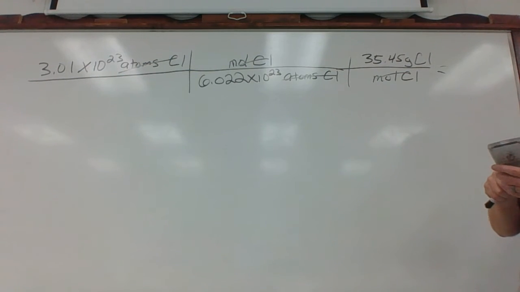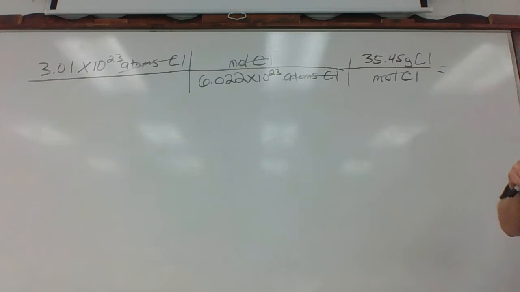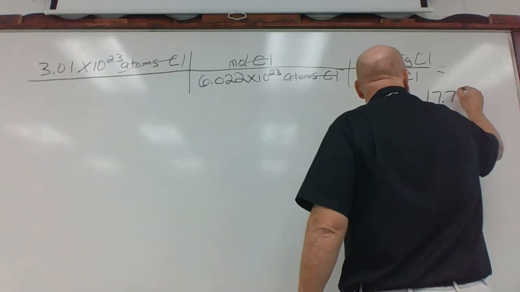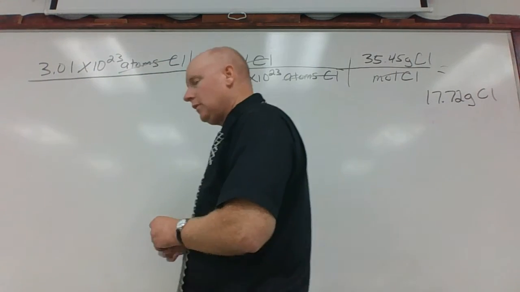Enter, and divide that by Avogadro's number, 6.022. And that gives you, I was way off, 17.72 grams. Is that what you got? Okay. 17.72 grams chlorine. Okay.